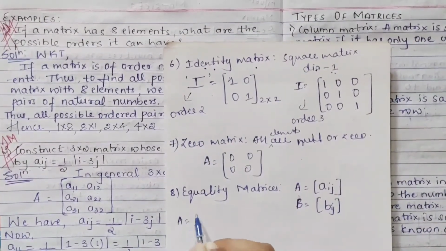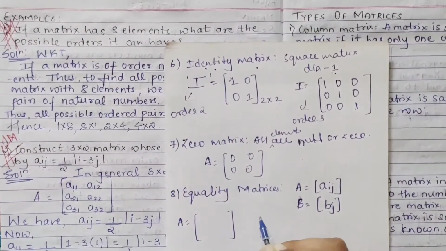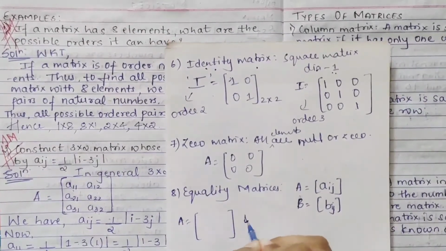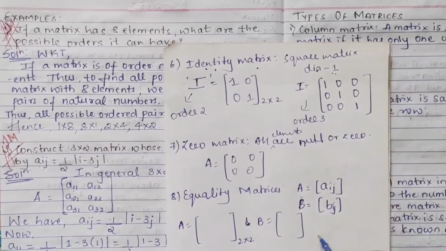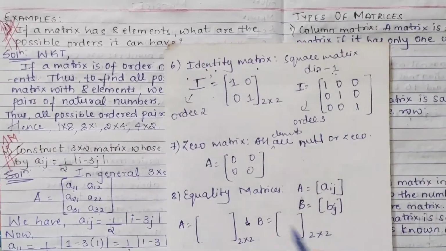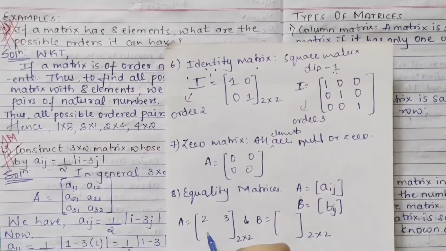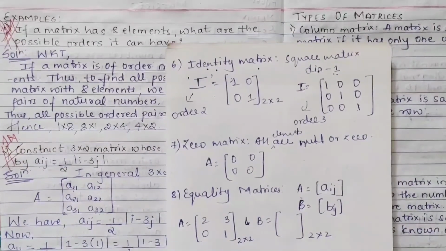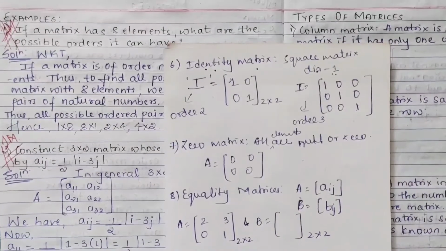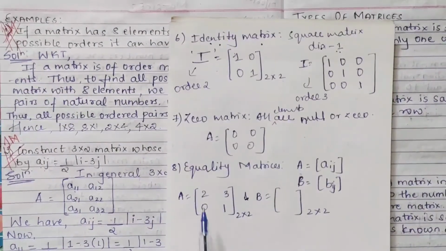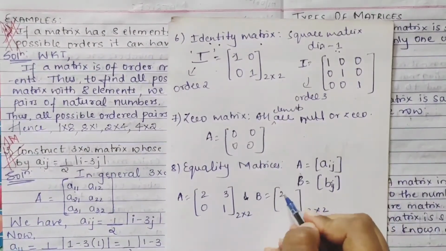Suppose this is my one matrix A and another one B. So suppose if I am taking 2 cross 2 order, this also should be 2 cross 2. A is 2 3 0 1, and B also should be the same, 2 3 0 1.